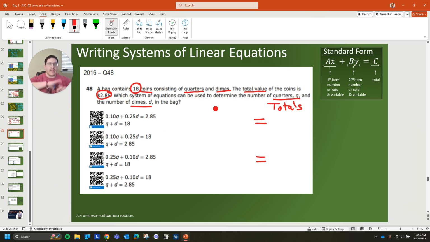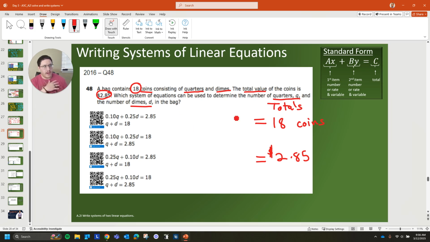We have a bag that has a total of 18 coins. What's our next total? We have a total value of $2.85. Okay, so we have one equation that involves coins and the other equation that involves money.